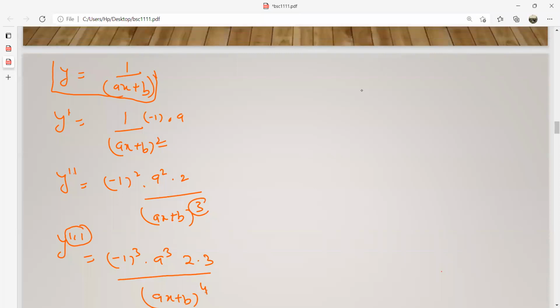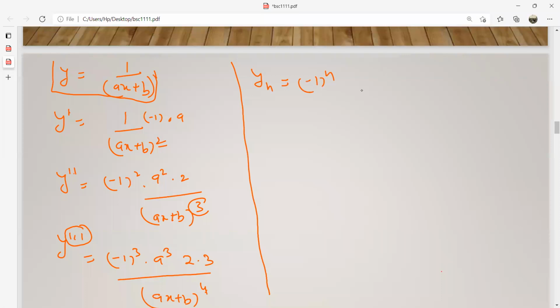So what is the value if we differentiate this function n times? Simply we have to find y to the power n equal to minus 1 to the power n, because here is the triple derivative, here is minus 1 to the power 3.